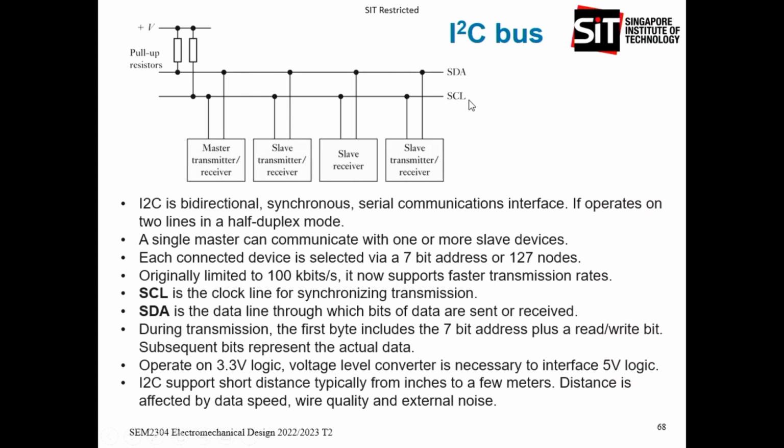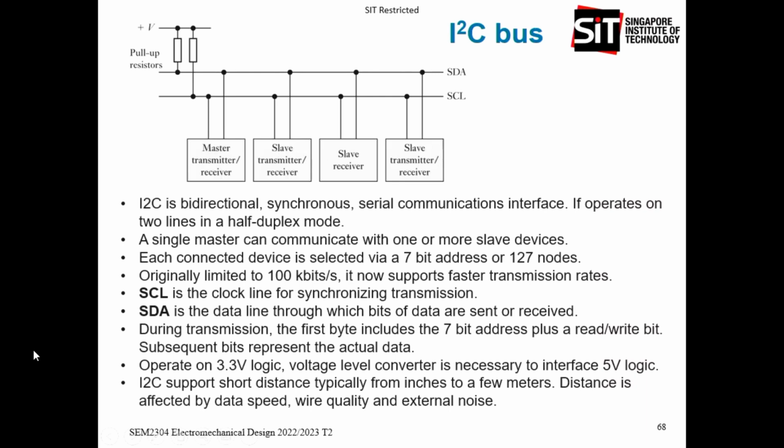Now how does this work? You can have multiple devices. These are all the slave devices. At any one time, any one of them can become a master. If anybody wants to talk, what they do is pull this SDA low.